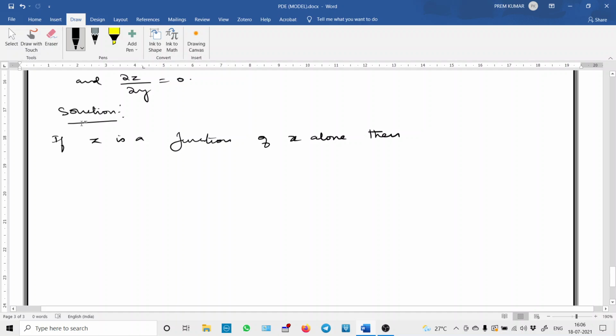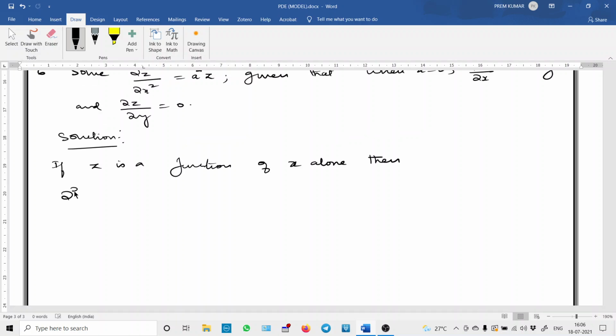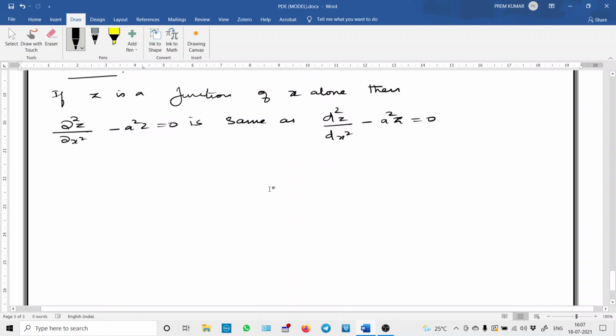Then the given PDE ∂²z/∂x² − a²z = 0 is the same as the ordinary differential equation d²z/dx² − a²z = 0, because this depends upon only one variable.